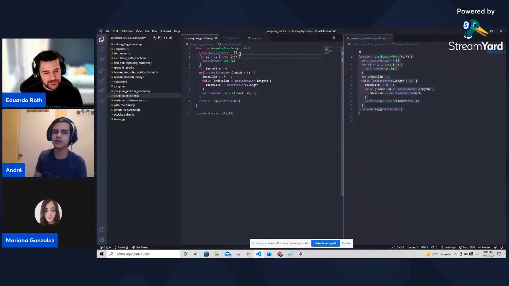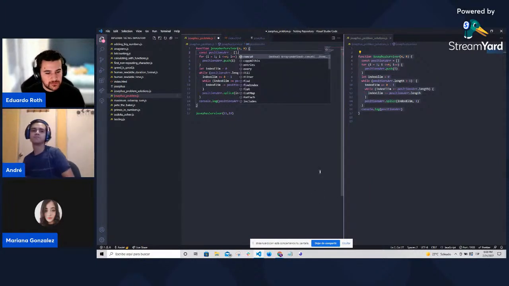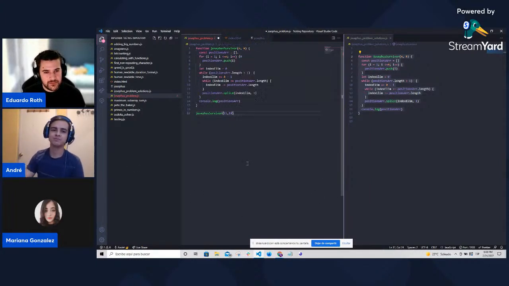A while loop is do this until you meet this condition, and a for loop is do this until you reach this number. So I think maybe it's the same thing. And in this case, I think you can solve it with only four for loops.